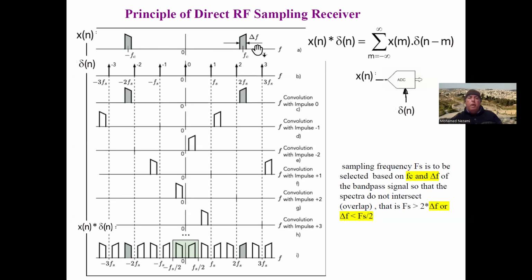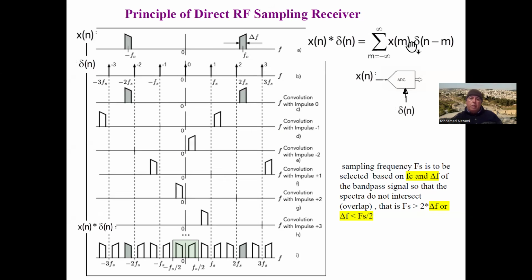Now the train of impulses, which is the sampling frequency, is nothing but a train of impulses distributed uniformly at a spacing of Fs. So the first is at DC, the second one is at Fs, the third one is at twice Fs and 3 times Fs, and so on. And we have the mirror image as well.